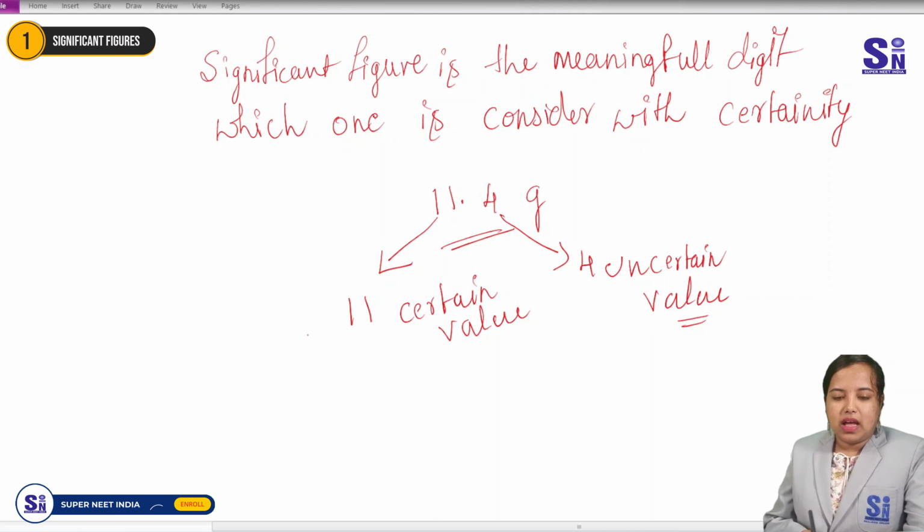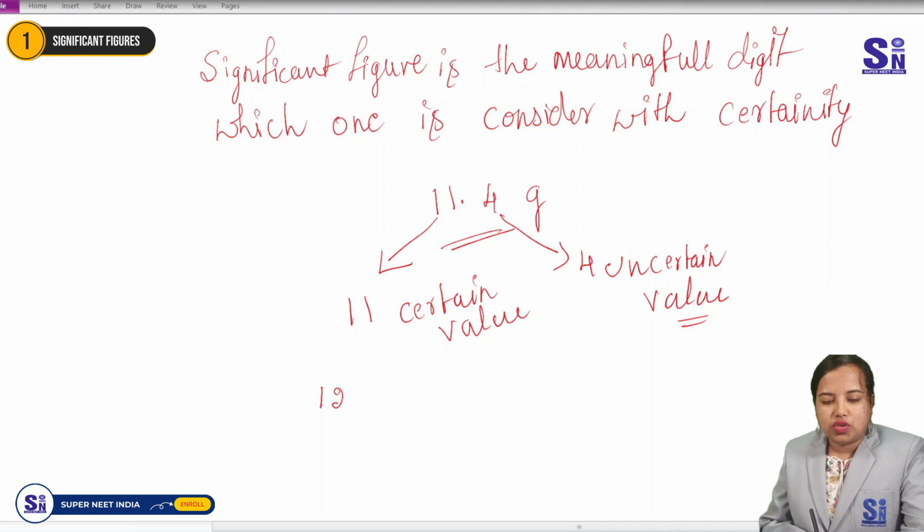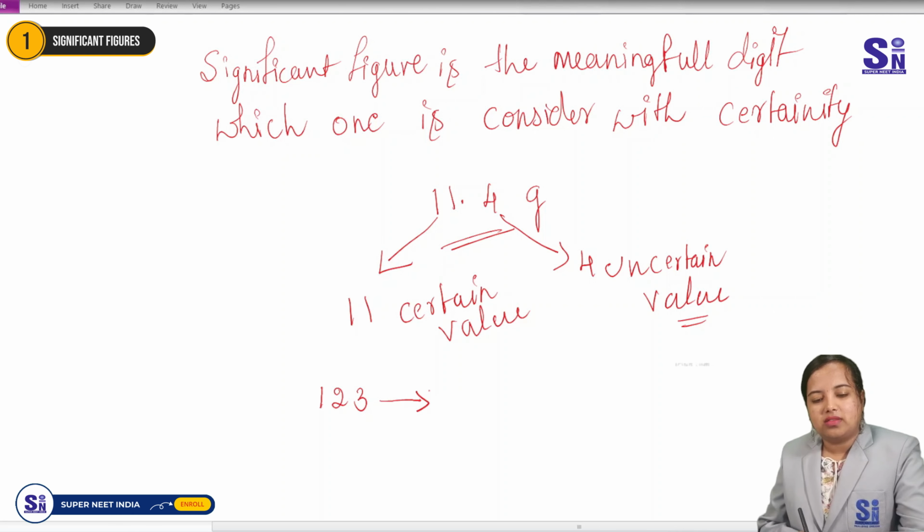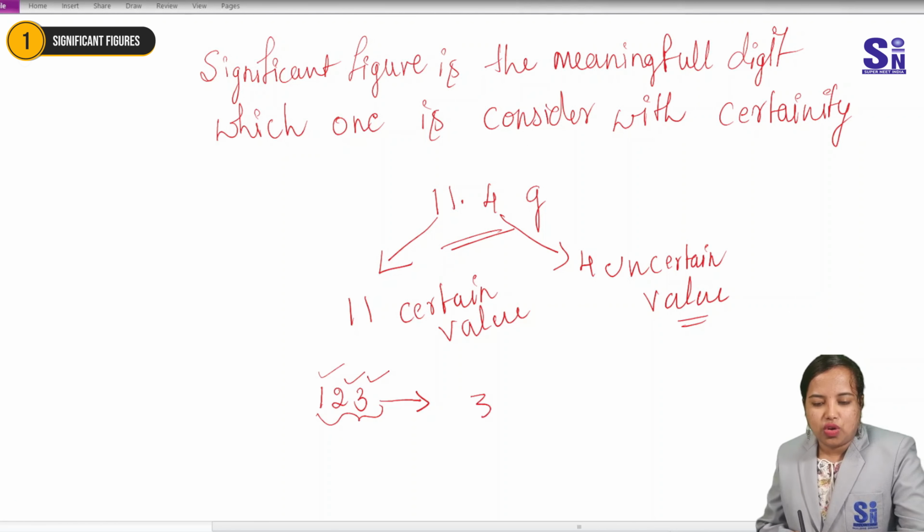For example, I will show you 123. Here, how many significant figures are there? 1, 2, 3. All the 3 figures are significant. So we consider this as 3 significant figures. Okay?